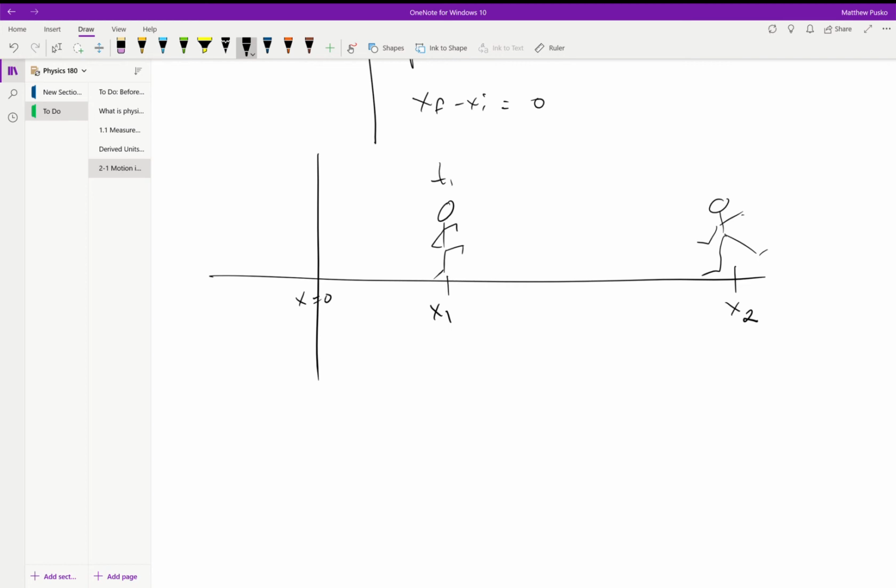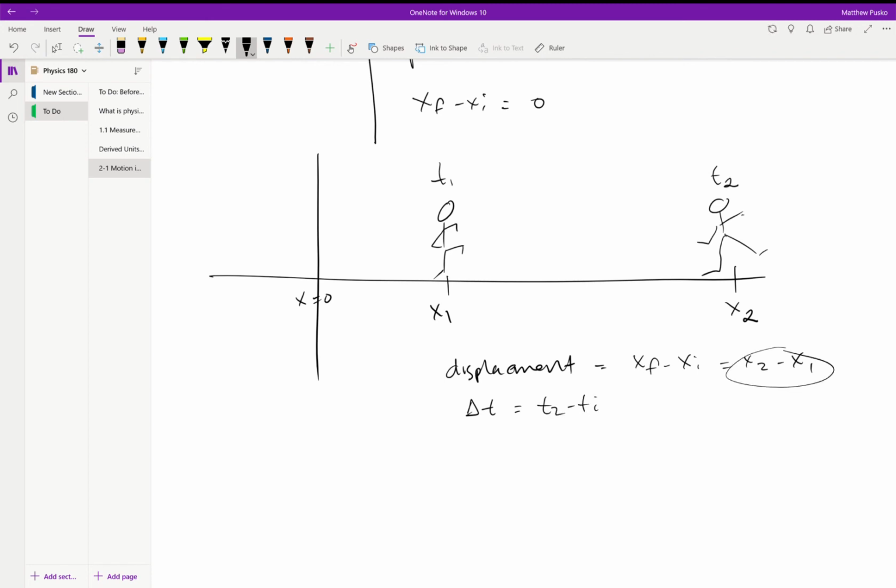They are at x1 at t is equal to time 1, and they're at x2 at t is equal to t2. So we get a displacement equal to x final minus x initial, which is x2 minus x1 in this case. And we also get a change in time, or a delta t. That would be t2 minus t1.